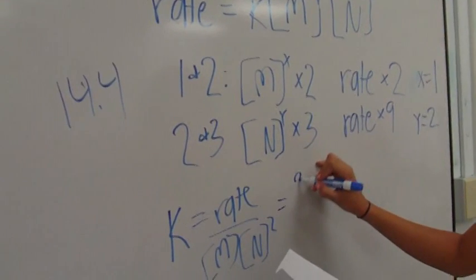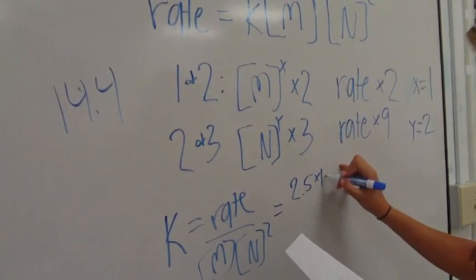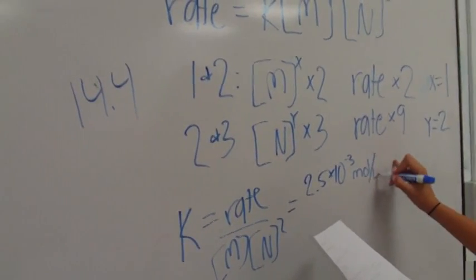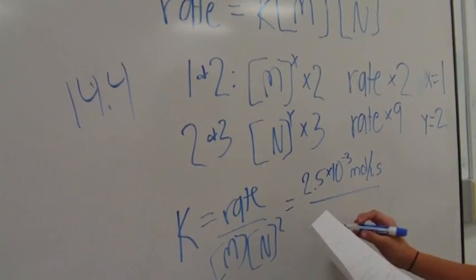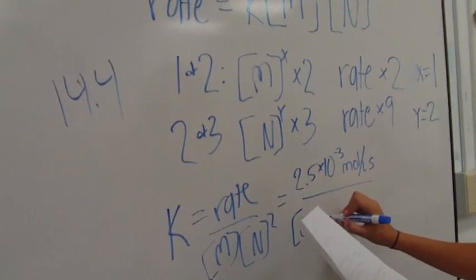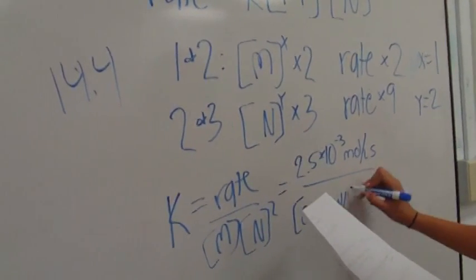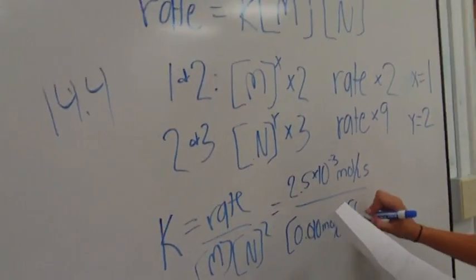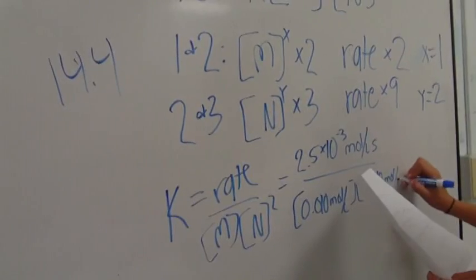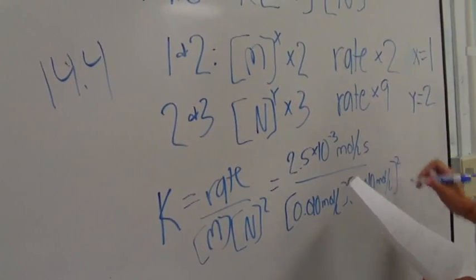So it's going to be 2.5 times 10 to the negative 3 moles per liter per second, over 0.010 moles per liter times 0.010 moles per liter squared.